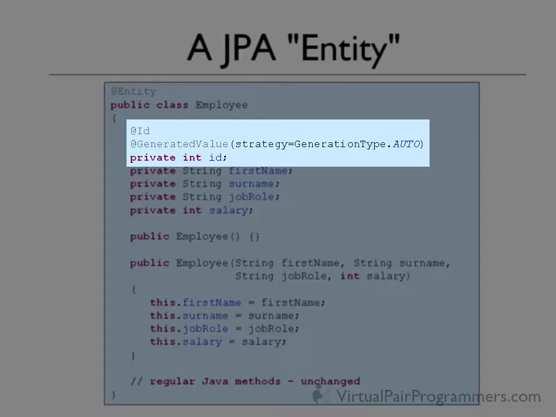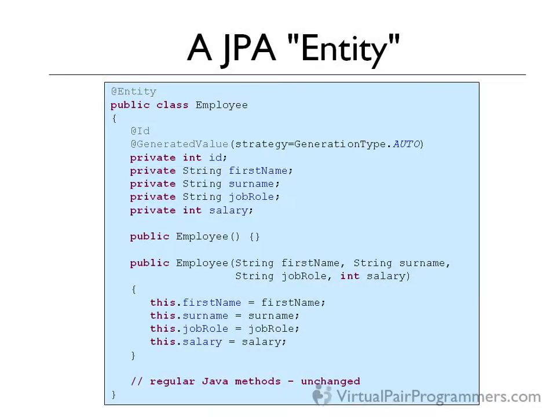The strategy equals generation type.auto is asking for the auto generation of IDs. Now, when you go a little further with JPA, you'll see there are a few advanced options that you can add into there, but for most purposes, the auto value is what you need. And that's all we need to do to make this class be usable by JPA.